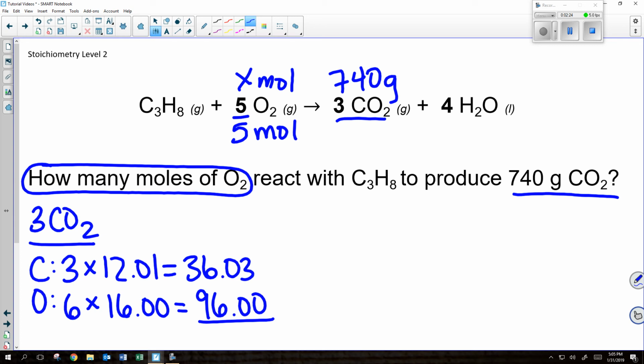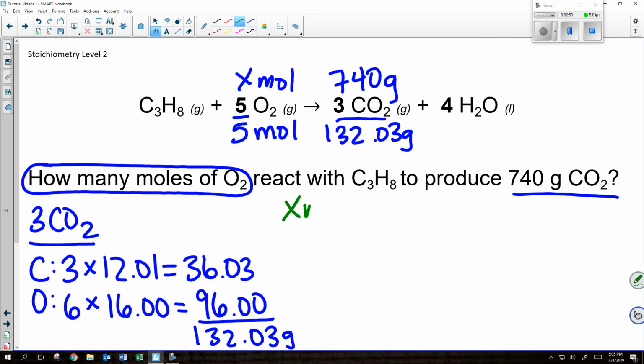Then I add those two numbers up, and it gives me 132.03 grams. That is the amount of grams in 3 moles of CO2. So I take that value, and that's what goes underneath my 3 moles of CO2, 132.03 grams. So now I have all the numbers needed to set up my proportion.